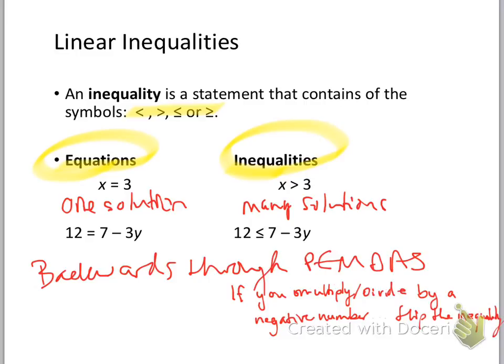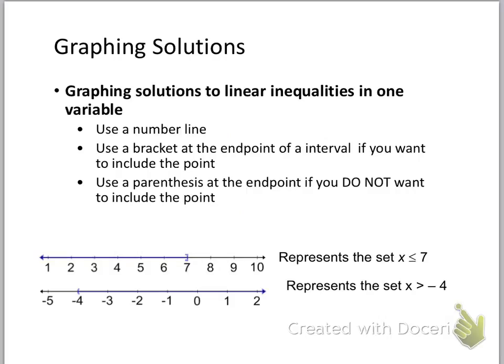Okay, now we're going to do a lot of examples. We're going to start with graphing them, and we'll move on from there. So graphing solutions to linear inequalities. First of all, you need to make sure you use a number line.